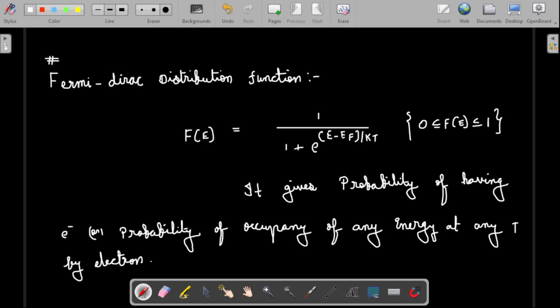E is the energy level at which we are trying to calculate the presence of an electron. Last class we saw the band structure with EFN and EFP. Up to that is the max level where electrons will be available; below it all electrons are available, above it no electrons. Using that, we find the probability of presence of an electron at a particular energy level E. That is what the Fermi-Dirac distribution explains.